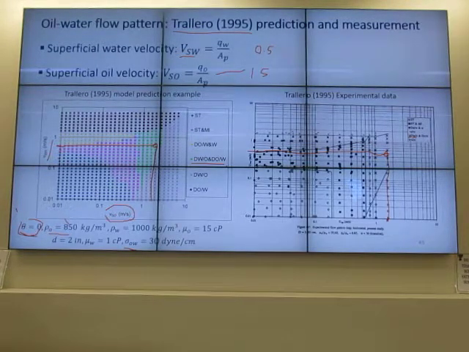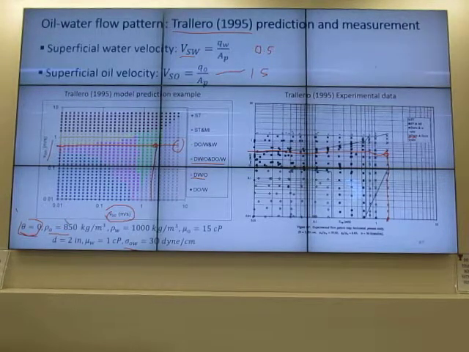So, does it make sense for this one? Let's take a look more closely. VSO means superficial oil velocity, right? When we add more oil, we change from dual dispersion to dispersion of water in oil over here. That is when we have more oil.